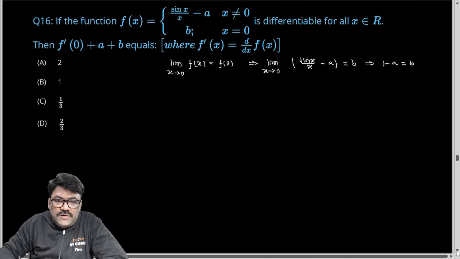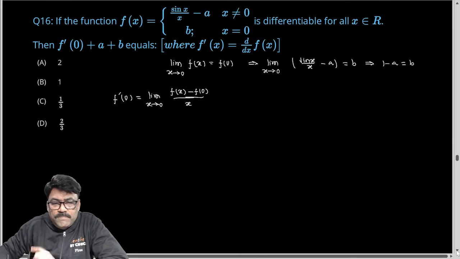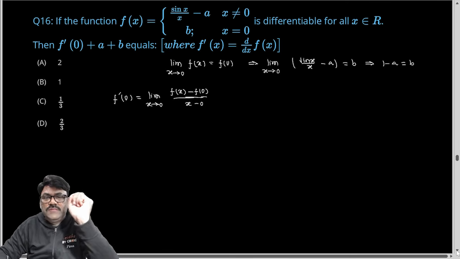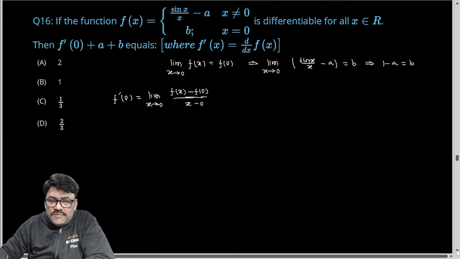Now let's find f dash 0. So f dash 0 you can write as limit x approaching to 0 of f x minus f 0 over x. By definition, f dash a is f x minus f a over x minus a. Whenever you are writing the derivative at a, f dash a, you will write f x minus f a over x minus a.